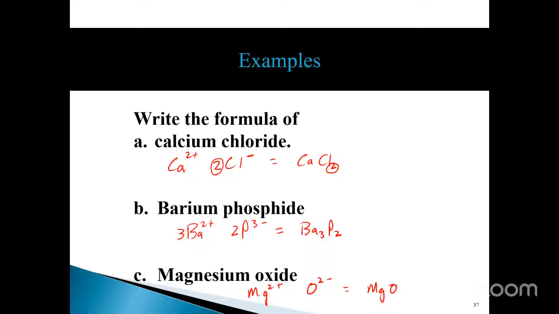And that's basically how you determine the formulas based on the names, all right? And if you understood this, then you should be able to do the reverse, right? If you're given the formulas, then you can determine what the names are.